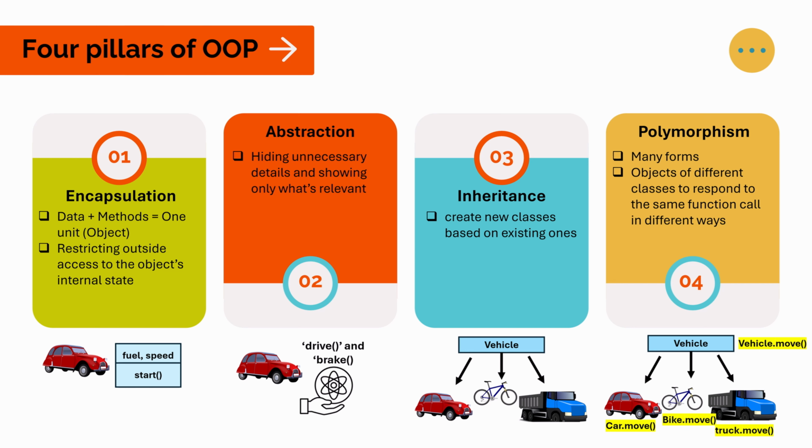And finally, we will also discuss this concept later on. Polymorphism is about objects of different classes responding to the same function call in different ways. For example, we can have different types of vehicles like car, bike or truck, and these classes share common characteristics or behavior of a vehicle.